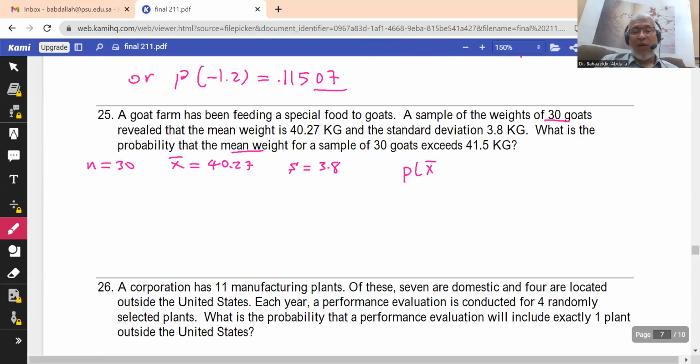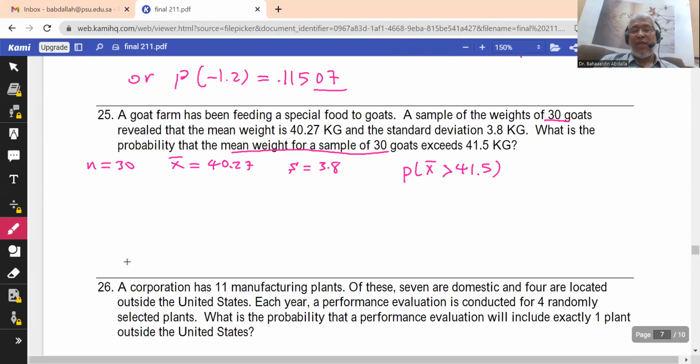So the mean weight for a sample, this is X bar, of 30 goats, exceeds 41.5. So N again is 30. To find the probability that X bar is greater, we change X bar to Z. But can we do that?